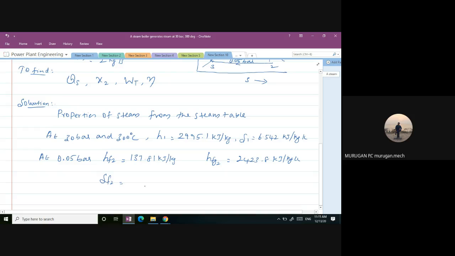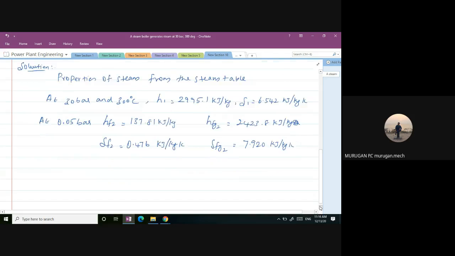And similarly Sf2, that is 0.476 kilojoule per kilogram Kelvin, and Sfg2, that is 7.920 kilojoule per kilogram Kelvin.